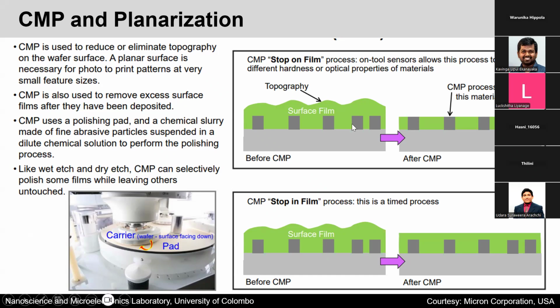So you put it into the CMP machine, and then it's basically using some sort of a wet chemical at the interface, and it's sandpapering. It basically has an effect similar to a sandpaper at the interface, right? These CMP tools are a lot more advanced than a sandpaper, obviously, and they have sensors that allow them to measure the hardness at the interface.